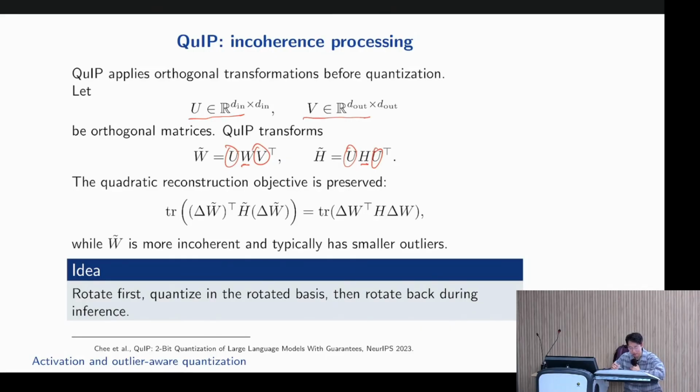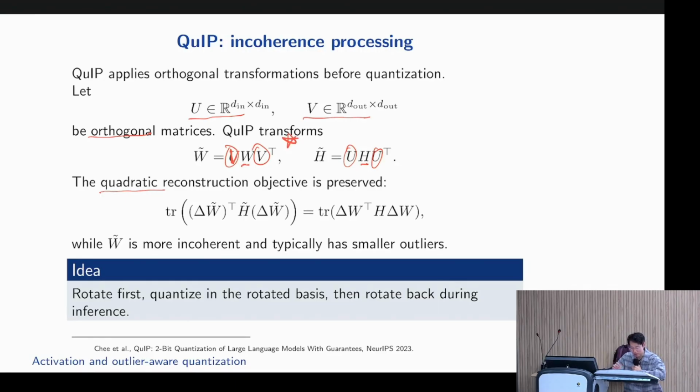And if you work out the details, because they're orthogonal matrices, if you multiply V transpose V, for example, it's going to be the identity matrix, and all the nice properties are going to hold. And I think this should be V. Let me double check and fix it later.